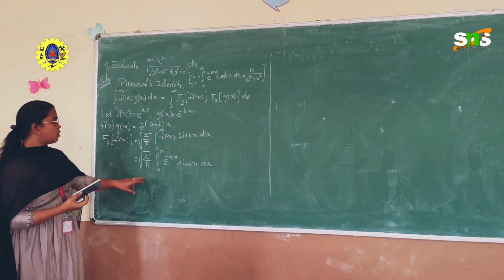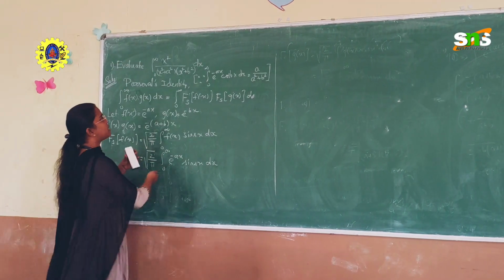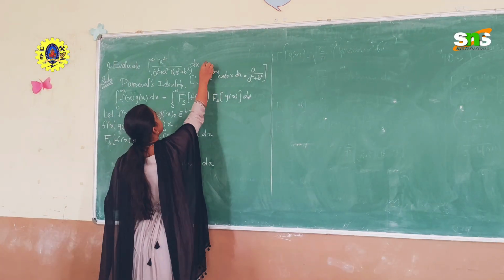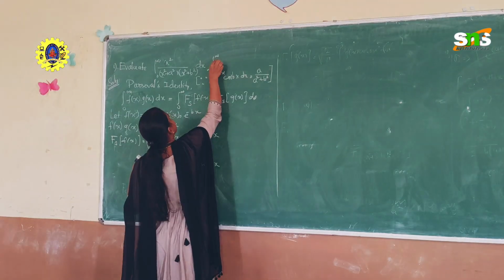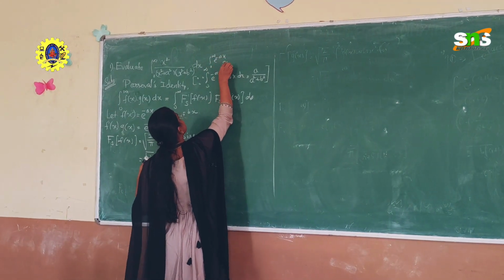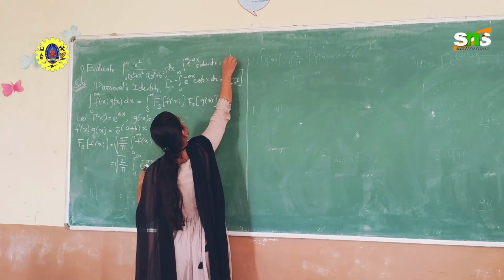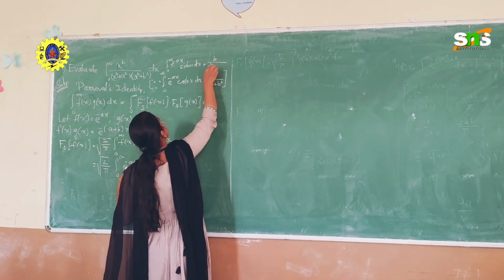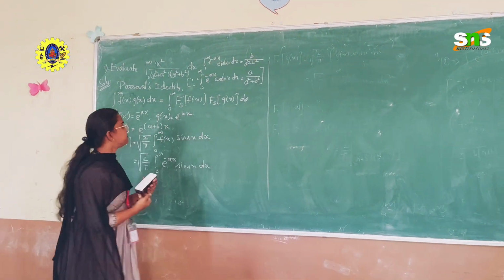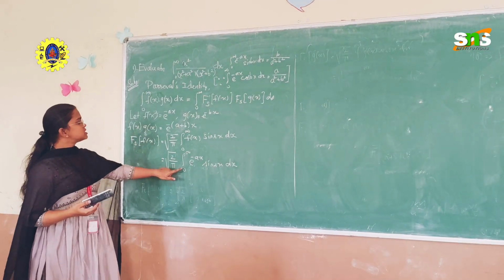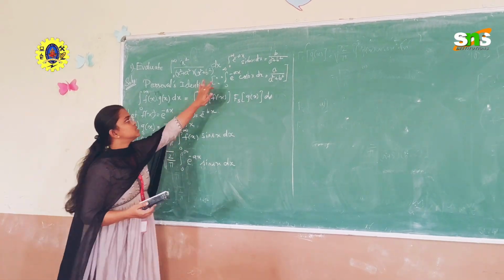So you just know like this integral 0 to infinity e power minus ax sine bx dx is equal to b divided by a square plus b square.